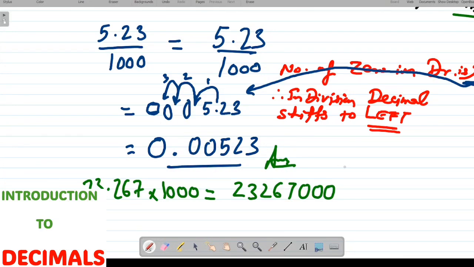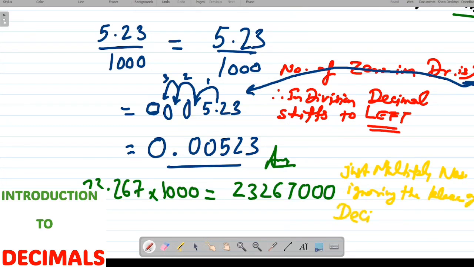In case of multiplication, just multiply the numbers ignoring the place of decimal, right? In multiplication, in terms of 1, 10, 100 or 1000, or whatever it may be, when the number of zeros are there, irrespective of any kind of number, two decimal numbers or one numeral without decimal or one with decimal, just multiply the numbers ignoring the place of decimal.